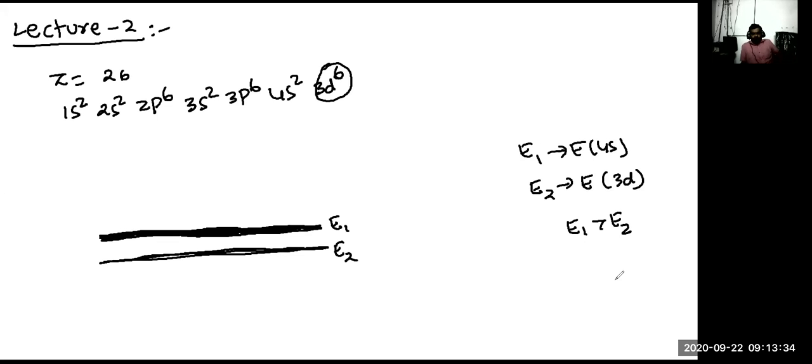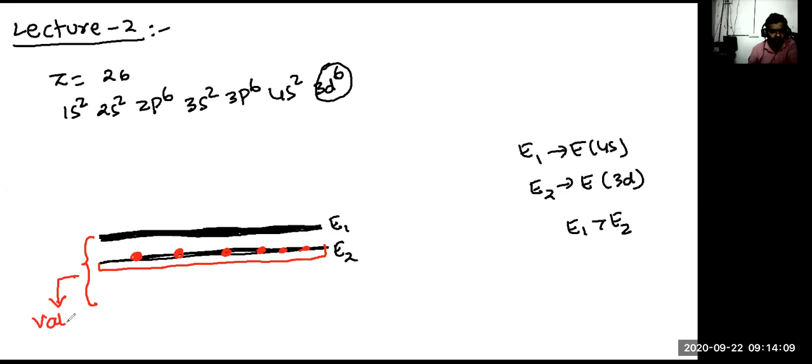All six electrons will have approximately the same energy level, one for each electron. So E1 and E2 form a band, and this band is formed due to valence electrons, or outermost electrons.